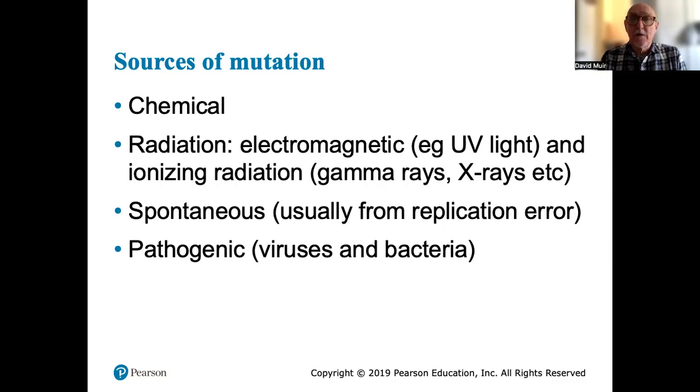A lot of mutation also occurs during the process of replication. But you'll remember, if you think back to what we discussed about replication, that there are proofreading mechanisms in the cell to try and limit the amount of mutation, and they are very effective at it. They can proofread and repair errors.